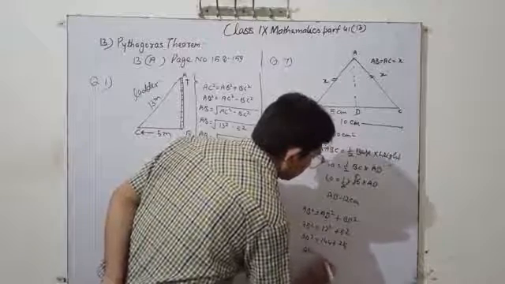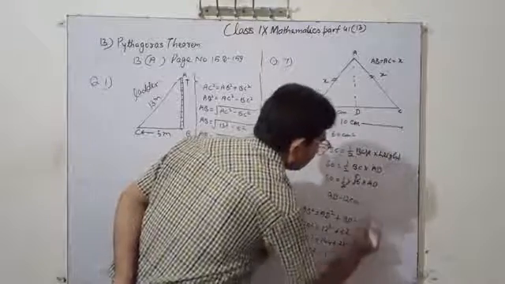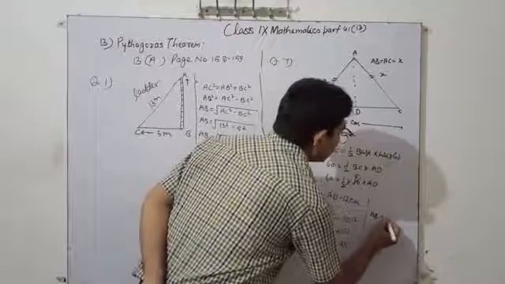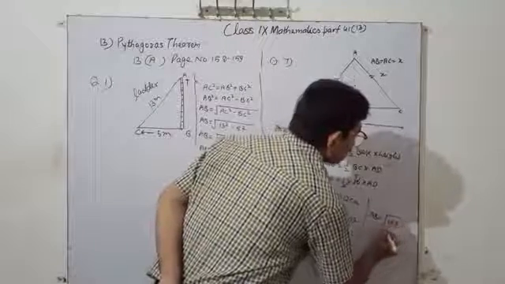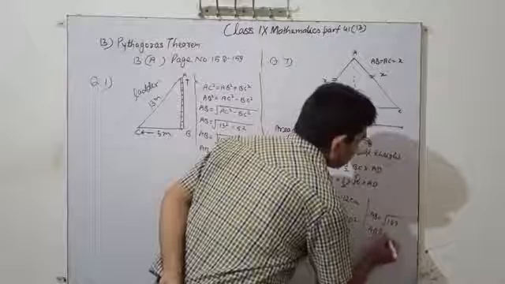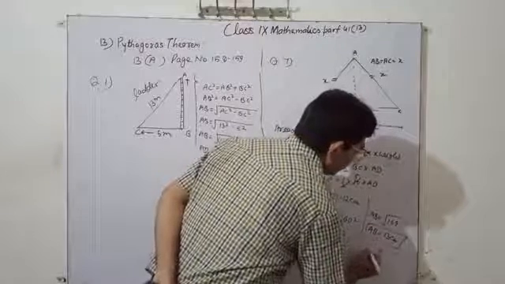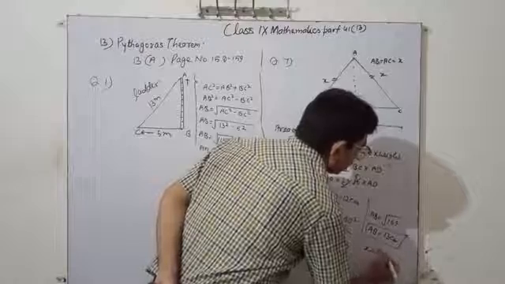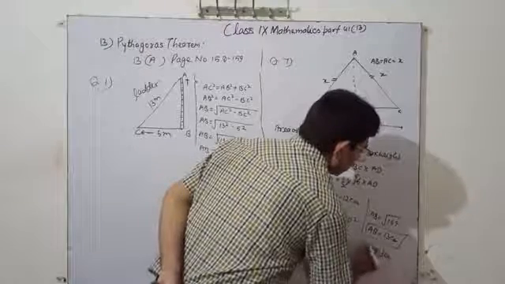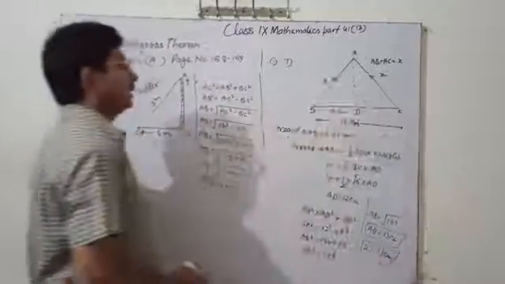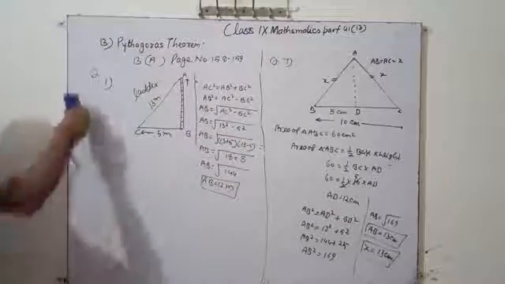AB square equal to 169. Therefore, AB equal to square root 169, taking only positive sign, 13 centimeter. Means value of x equal to 13 centimeter. This is the 7th question.